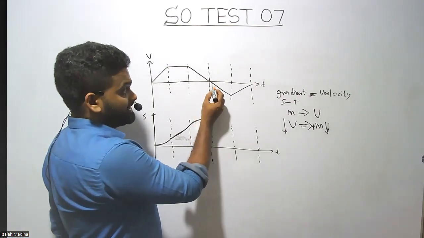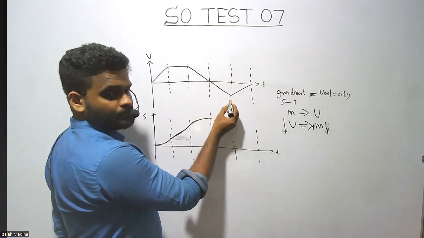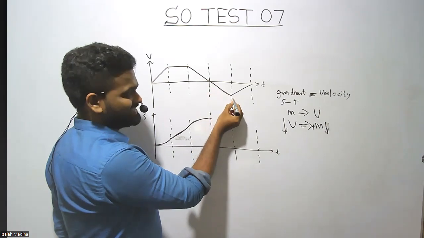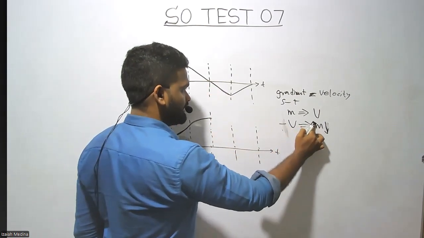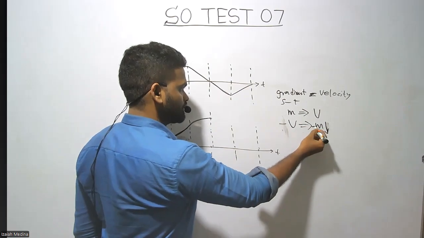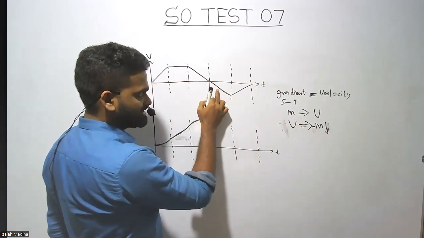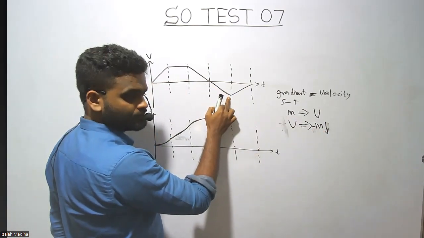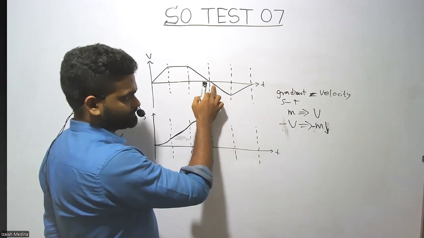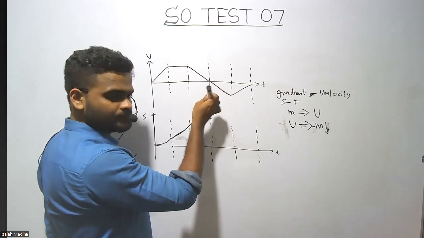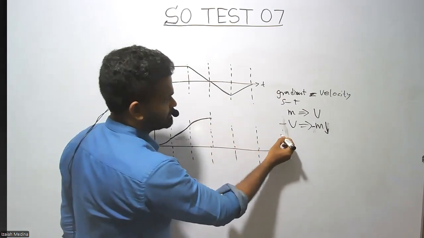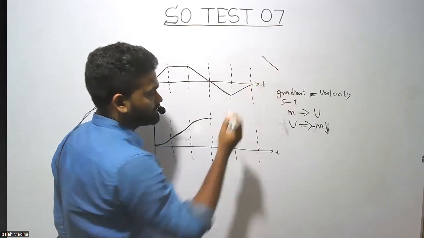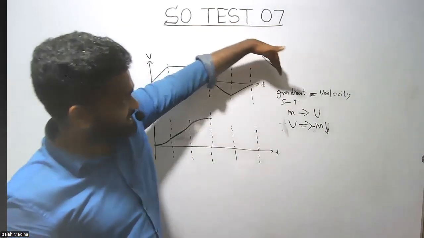Okay, then velocity becomes negative. This is negative velocity but increasing in magnitude. Okay, velocity negative, so the gradient also is negative. And the magnitude is increasing, right? Negative, I mean, negative, but the magnitude of that is increasing. Negative means now the slope should be like this, but it is increasing.